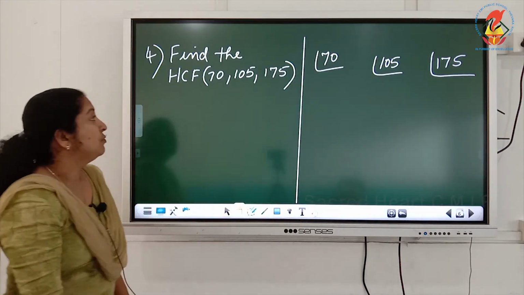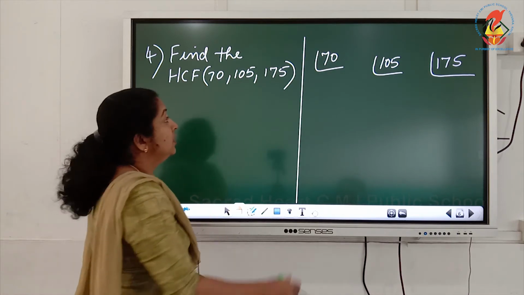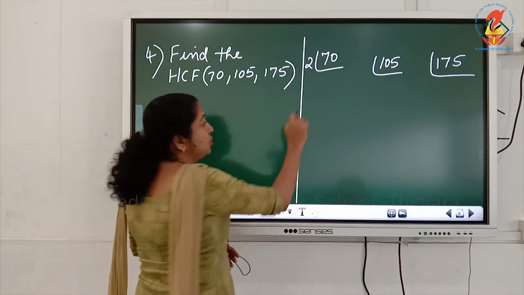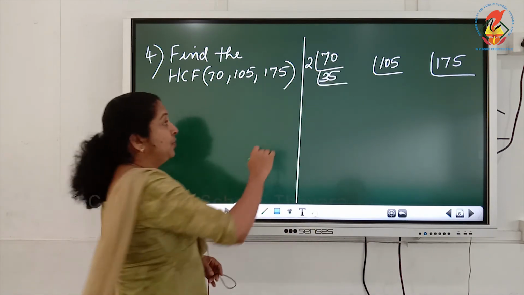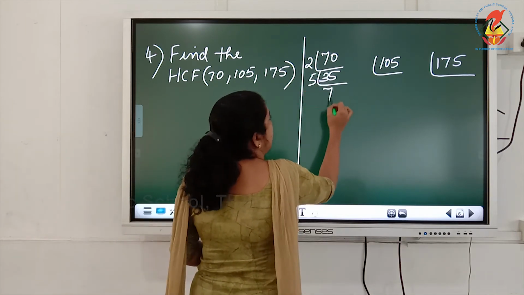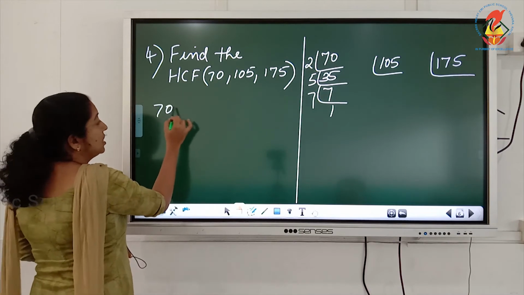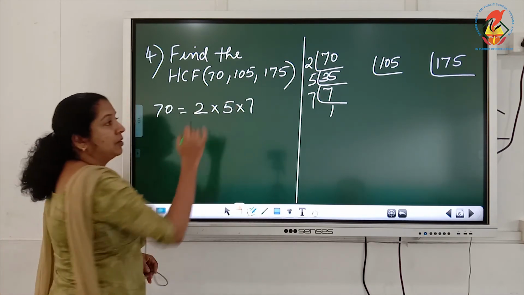Then find the HCF of 70, 105 and 175. So the first one is 70, 2 we can divide. So 35 into 2, because half of 70. So next is 5, 7, 7 ones are 7. So we can write 70 is equal to 2 into 5 into 7.